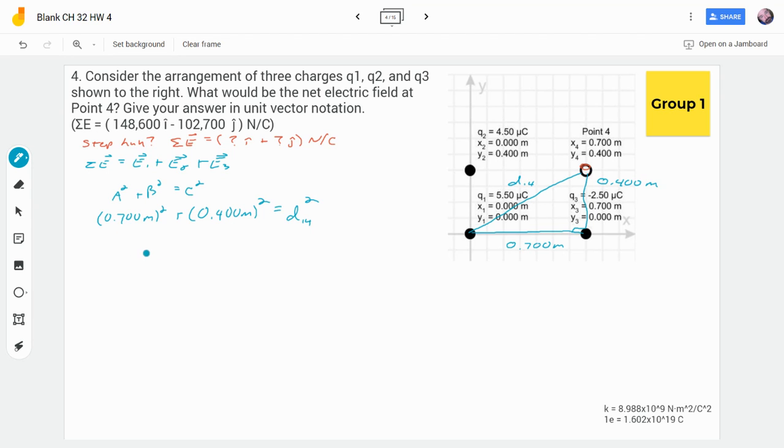So the left side ends up being 0.65 meters squared, equal to d14 squared. But of course, I don't want d14 squared, I want d14. So we'll take the square root of that. d14 ends up being 0.806, and I'll keep another couple digits, 0.8062. I'll leave it there. So that many meters is what that distance is.